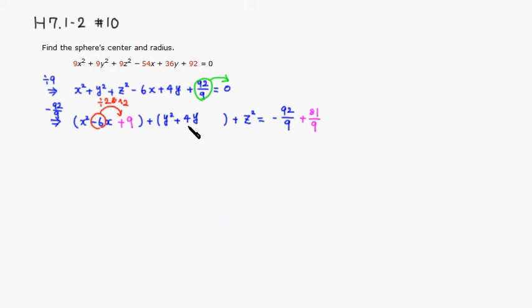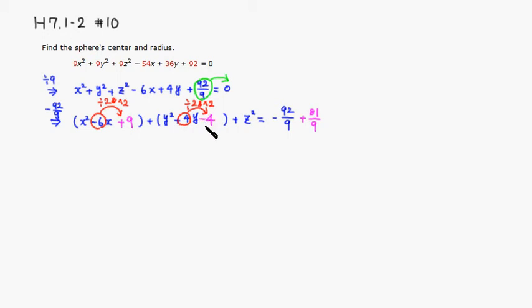Same thing: if you take 4 and divide it by 2, so we're dividing this by 2, then square that. Half of 4 is 2, square that, so we need 4.